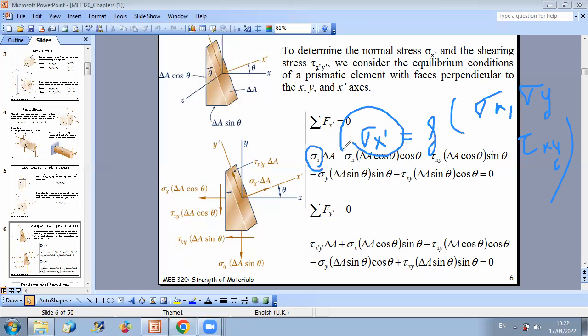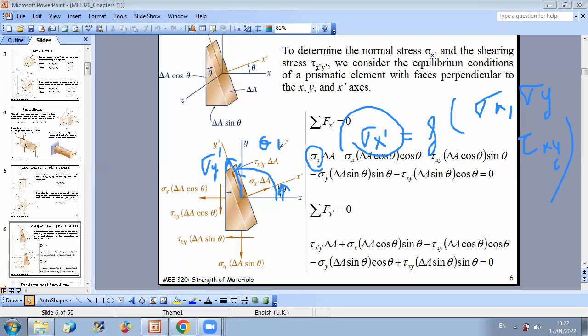Now if you want to do the analysis for sigma y prime, you can consider just the same relation, but instead of an angle of rotation theta, you take the angle of rotation theta plus 90.